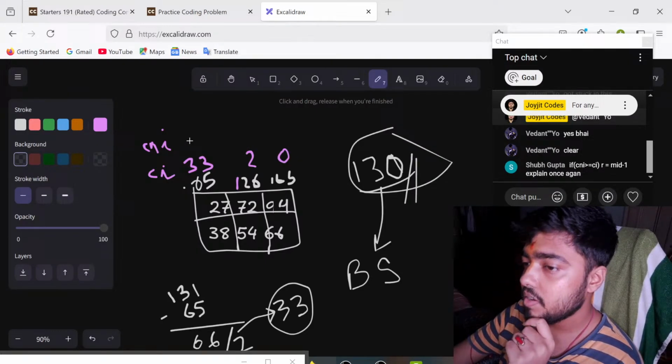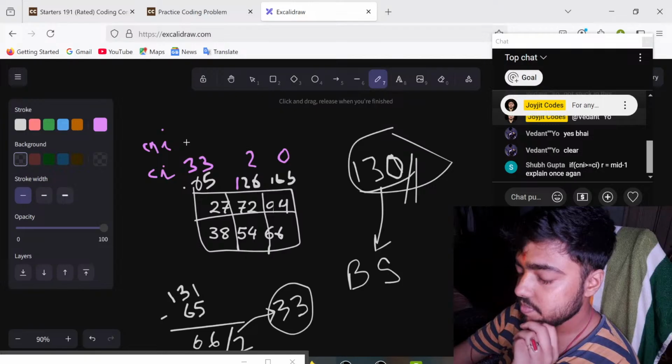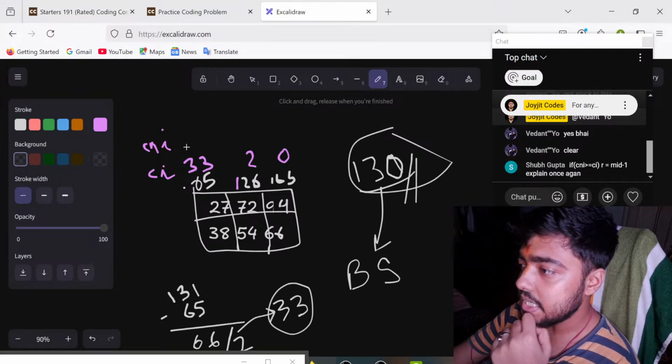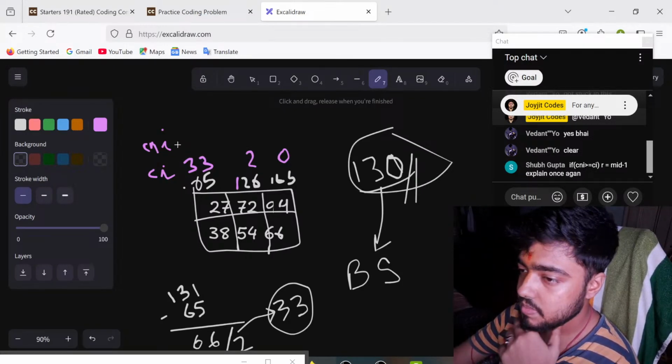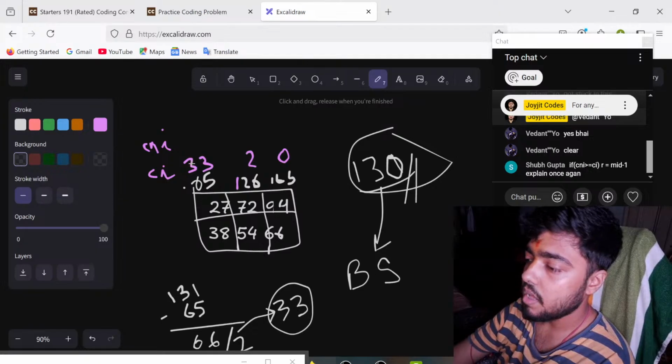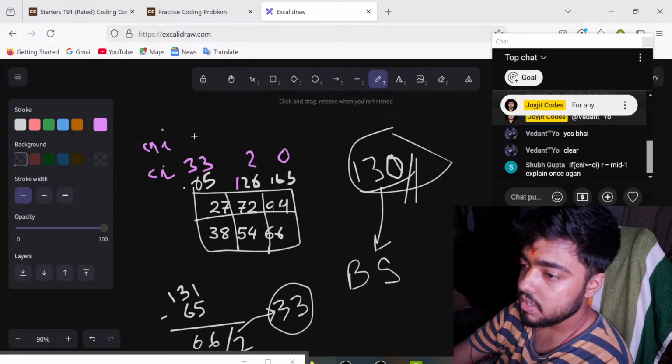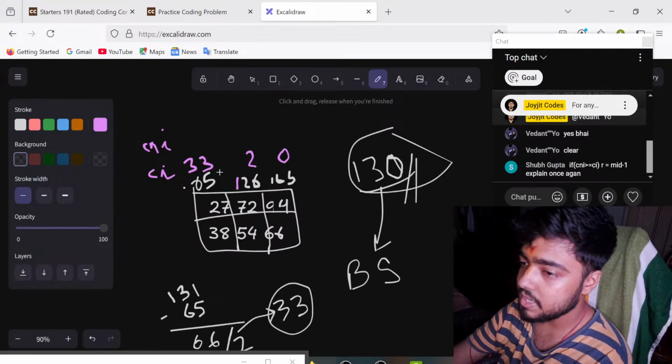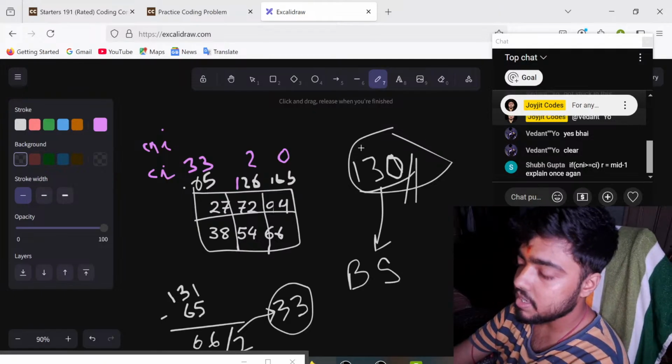Okay, now let's go for CNI. CNI will be the opposite, right? That is 65 minus 130.